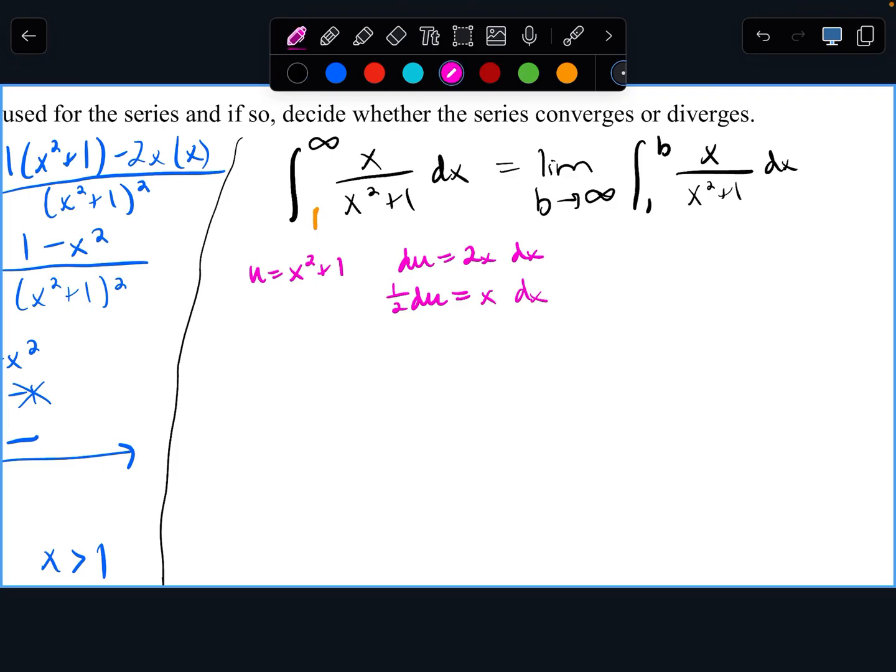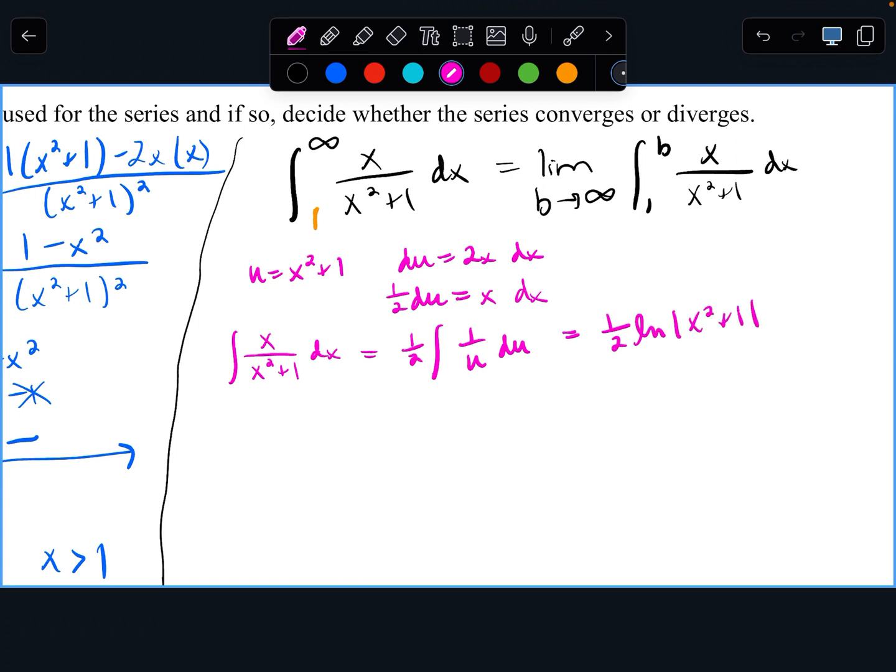Okay, so to keep my notation legit, I'm not actually putting bounds on this because otherwise I have to deal with my infinities and b's and junk. So this is almost like my side work here, because I'm gonna get this as 1 over u du, right?